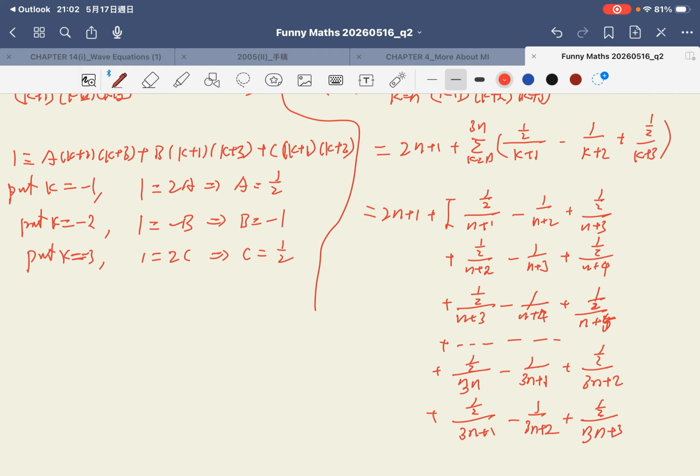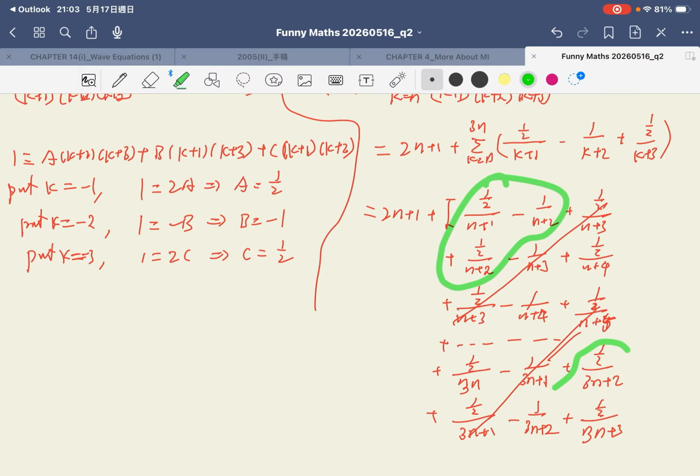You can see that all those terms cancel. Only this 3-term group and this 3-term group are left.